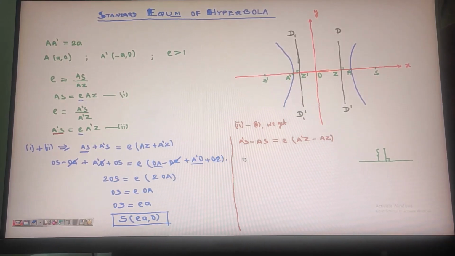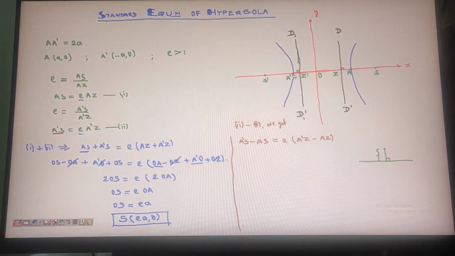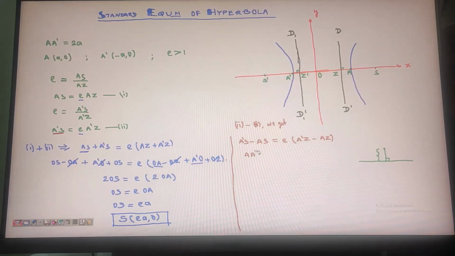So A'S minus AS is nothing but A'A, which is equal to e times A'Z minus AZ.